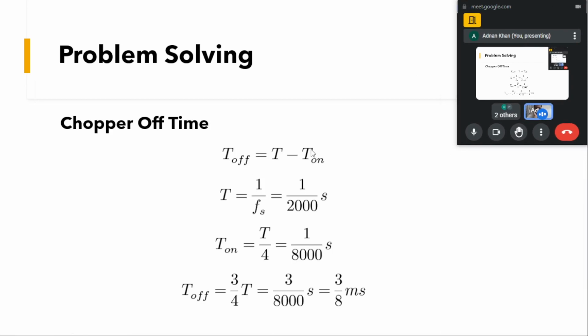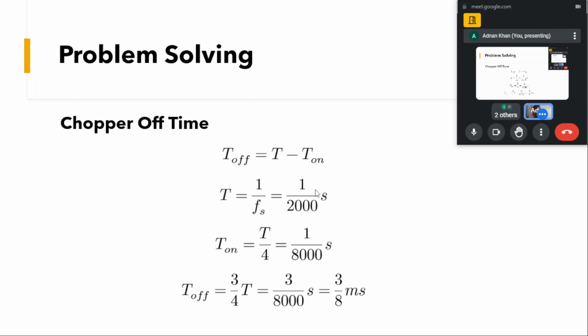What was given to us is T on, and also the switching time. From that we can get the overall time, and from that we can get the T off time. So the total time period will be 1 divided by Fs, that is 1 by 2000th of a second. Also what was given in the question is that the T on duration is 1/4 of the total time duration, that is T by 4.